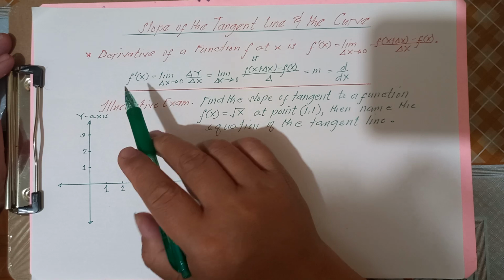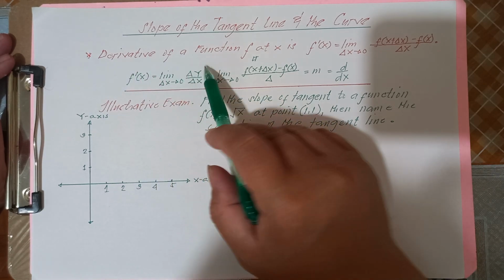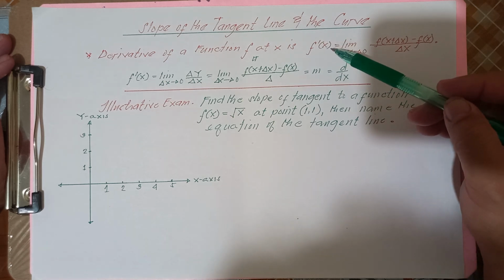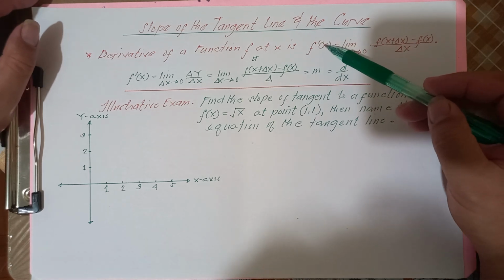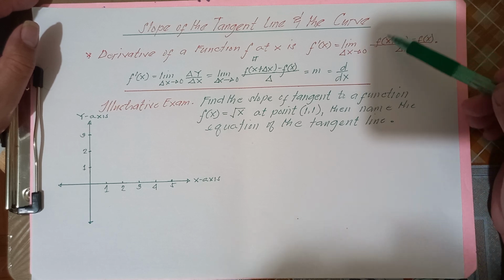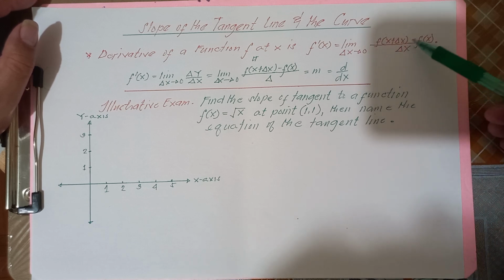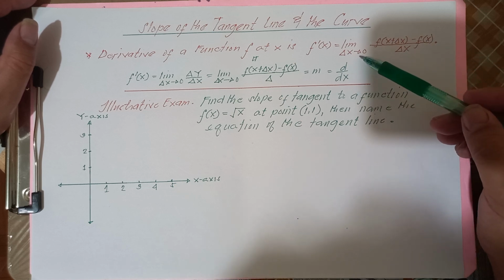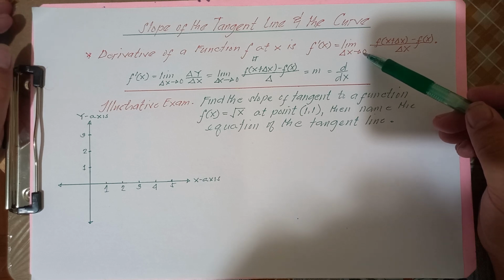The derivative of a function f at x is defined to be f prime of x, which is equal to the limit of f of x plus change of x minus f of x over change of x as change of x approaches 0.